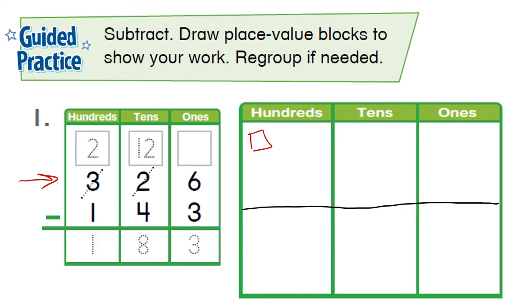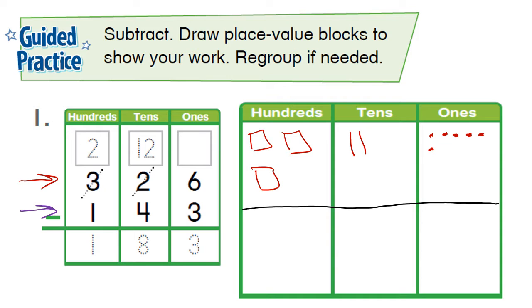So we have 326. Now we're going to subtract the subtrahend. And we're going to start in the ones place.